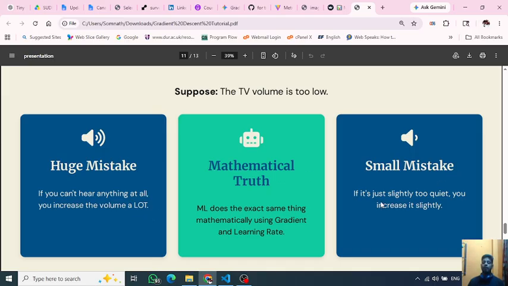A small mistake: if it is just slightly too quiet, you increase it slightly. The mathematical truth is ML does the exact same thing mathematically using gradient and learning rate.